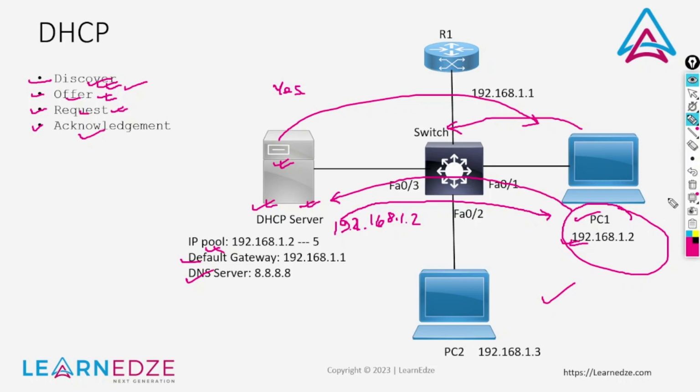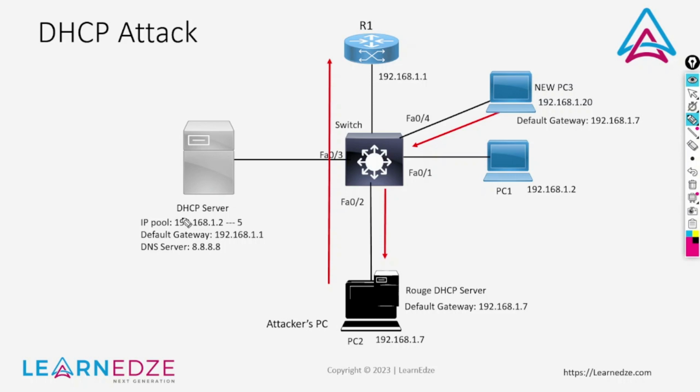Now let's understand how an attacker can enter the network and take advantage of these services. In order to assign an IP address, the DHCP server needs to have unused IP addresses left in its IP pool. Otherwise, the DHCP server will not be able to assign an IP address to a particular host.